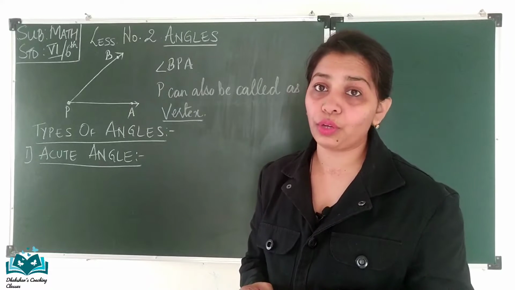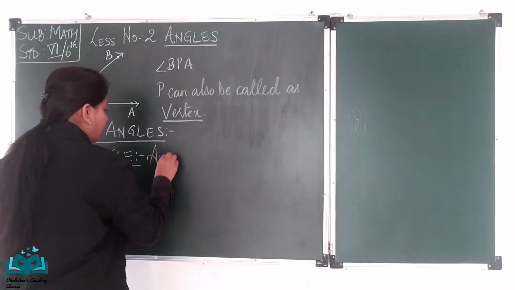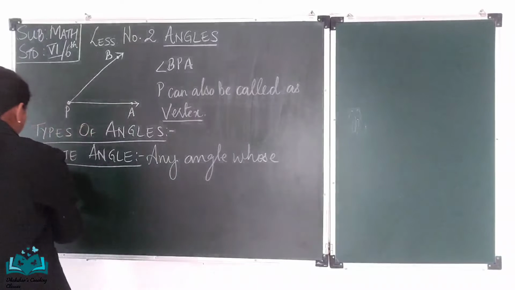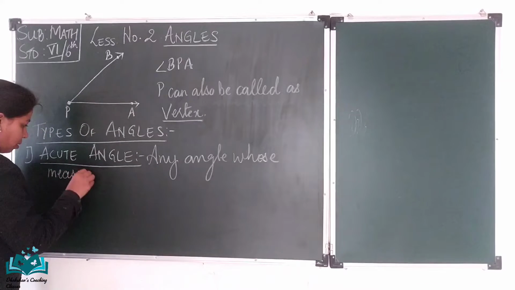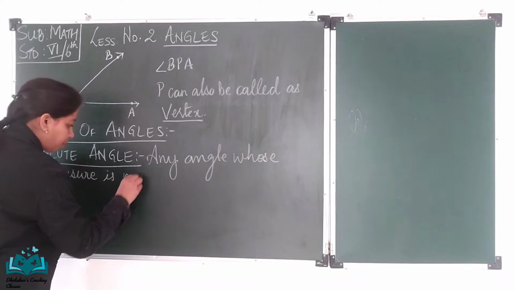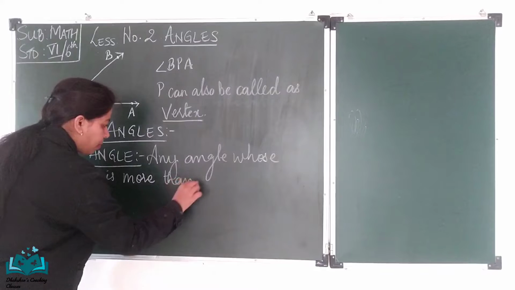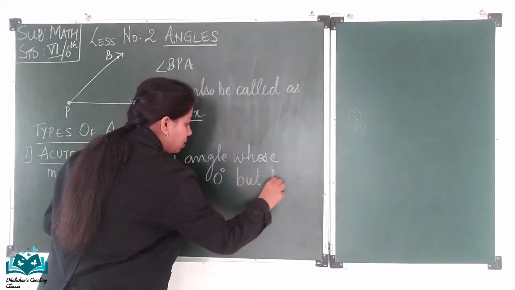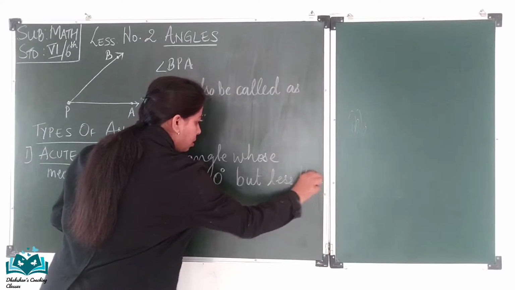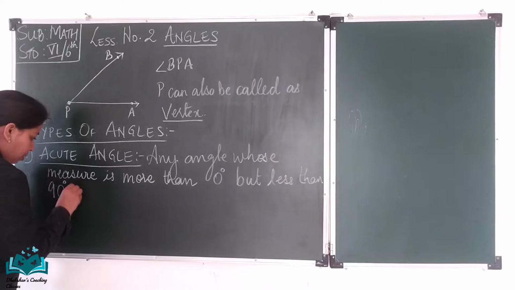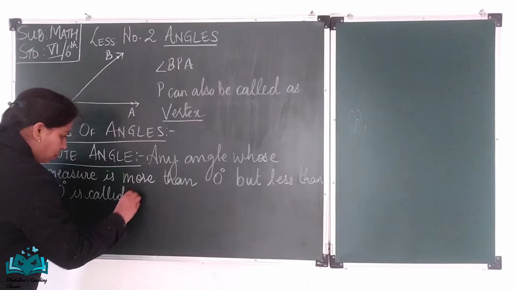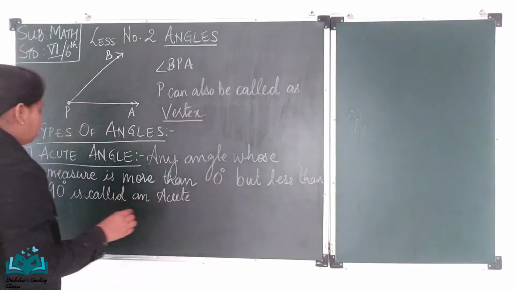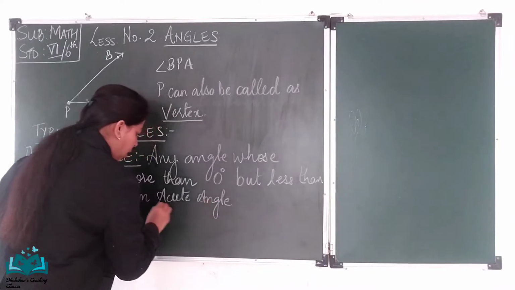So, let us write down the definition for acute angle. Any angle whose measure is more than 0 but less than 90 degree is called an acute angle.